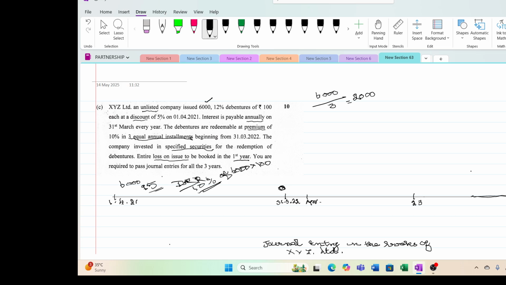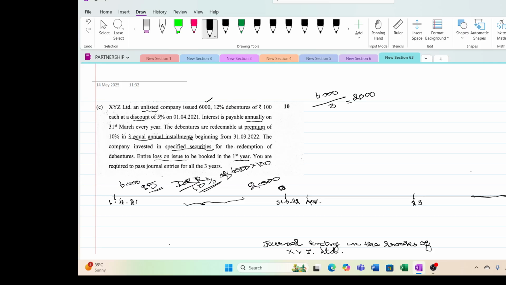Okay, second thing is that you have to create debenture redemption investment account also. You have to purchase that also. So money will be going out. How much will it be? Here you have to be very careful. When it is in installment method, we are going to redeem only 2,000 debentures during this period.